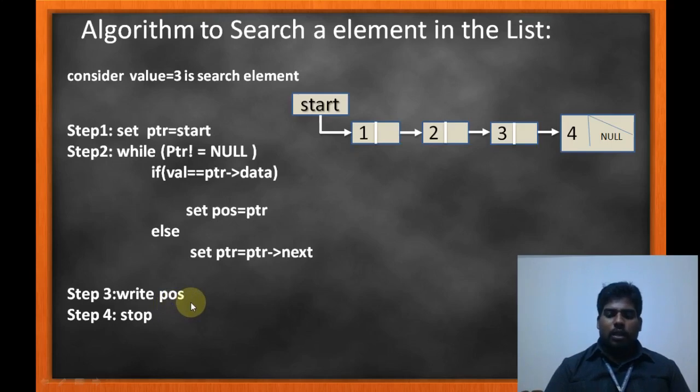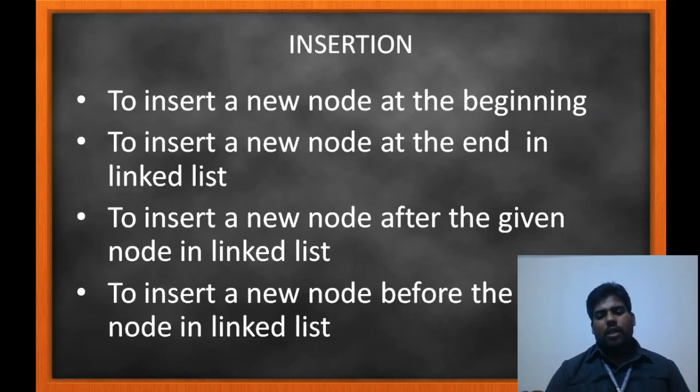Okay. The next important thing is how to insert an element in the list. There are 4 ways we can insert a node in the list. First one, at the beginning we can insert the new node. The second one is we can insert the node at the end.